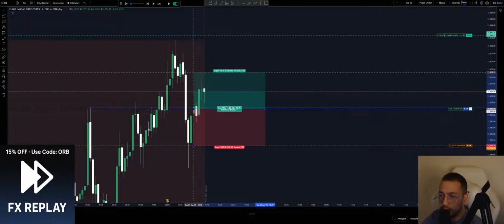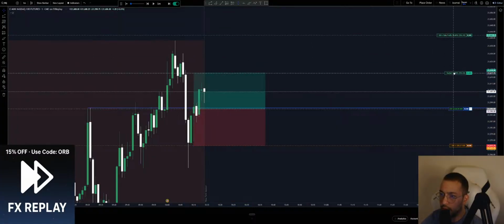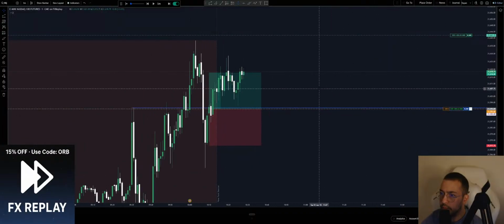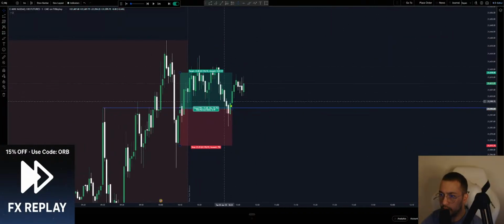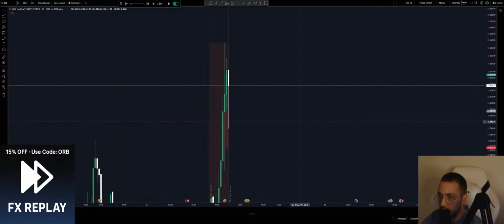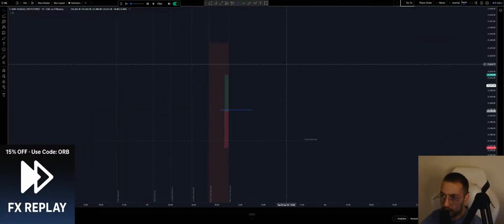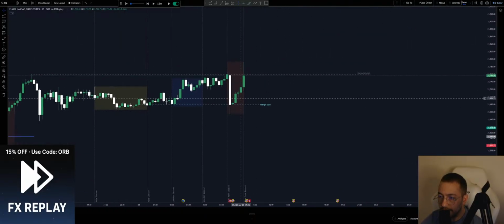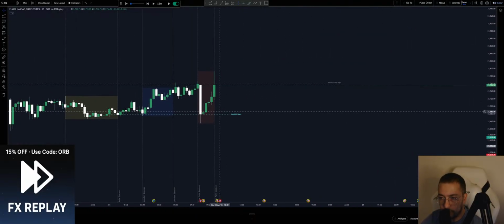I can't recall if I placed 1-to-1 though. Yeah, I did. And that's a break-even trade. So this tells me that this strategy is actually good for 1-to-1.